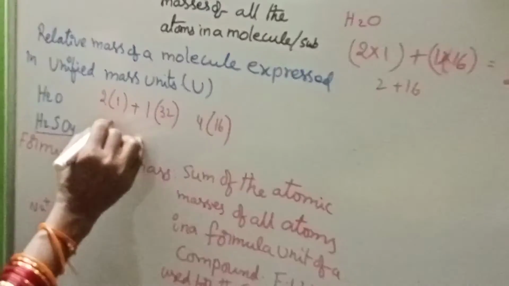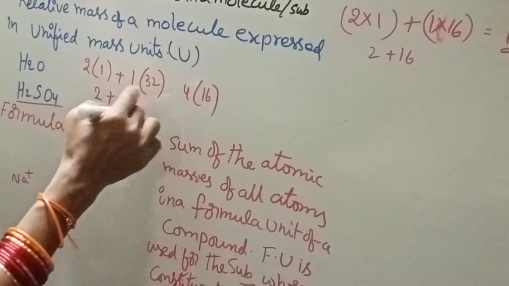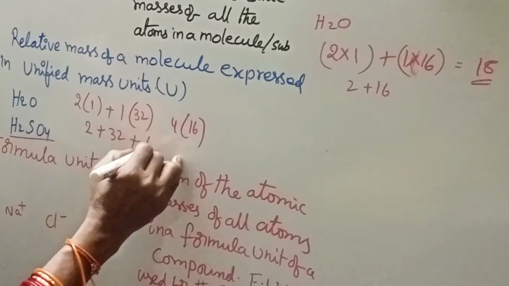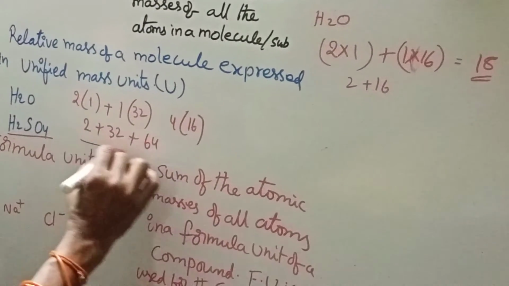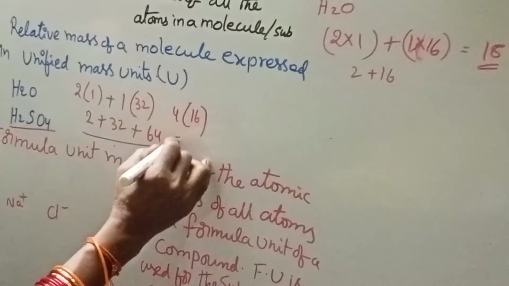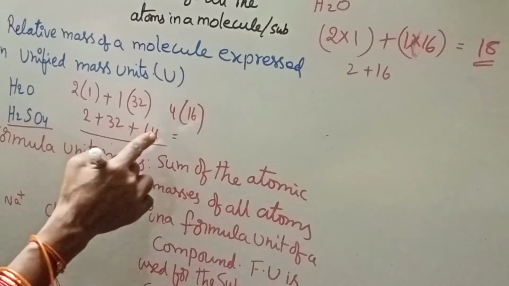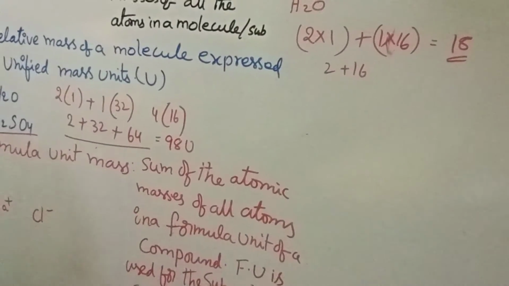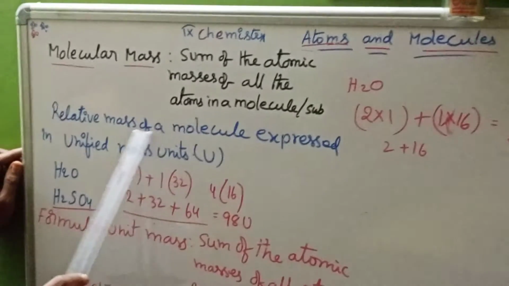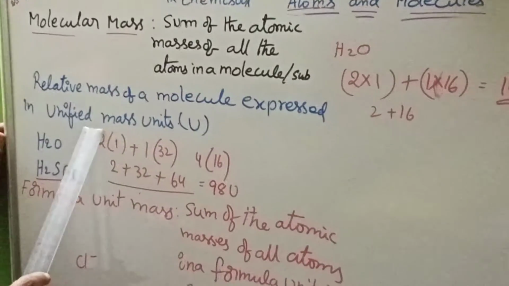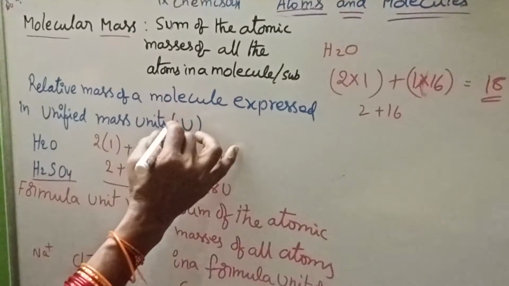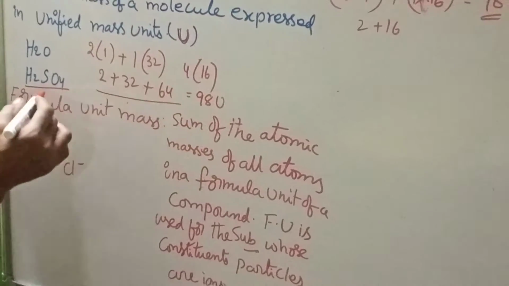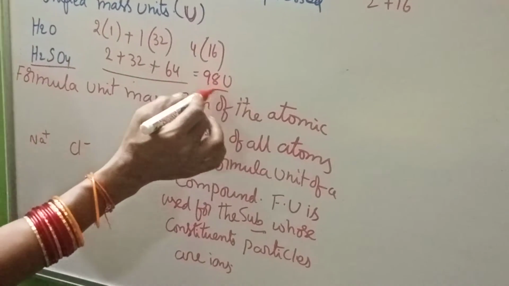So now you take 2 into 1 is 2 plus 1 into 32 is 32 plus 16 fours are 64. Total if you add it, 60 plus 30 is 90, 90 plus 8 is 98, 98 units. Here the relative mass of a molecule is expressed in unified mass units, represented with u. So the relative mass of sulfuric acid is 98 units.